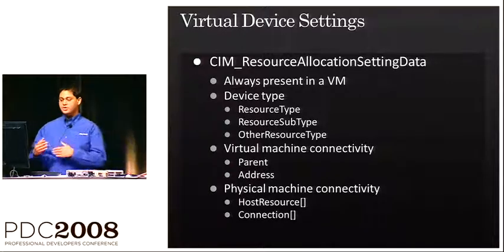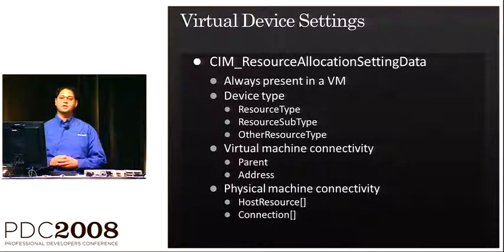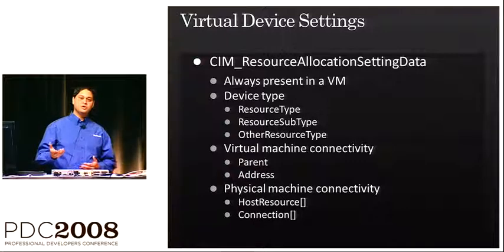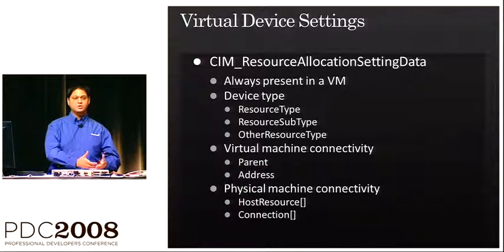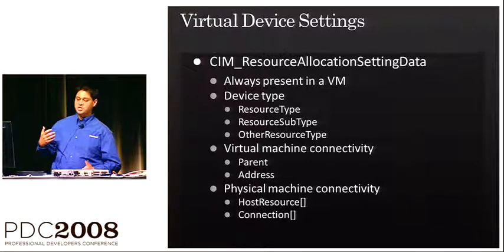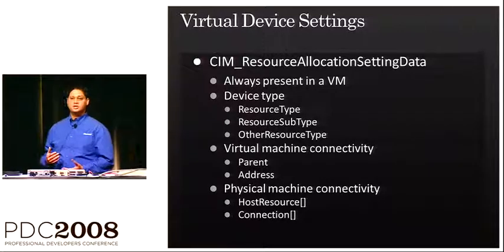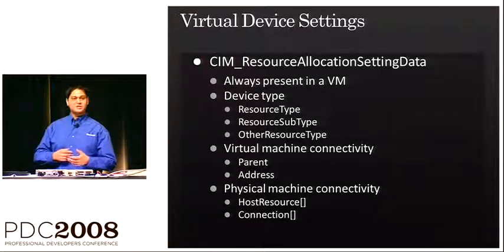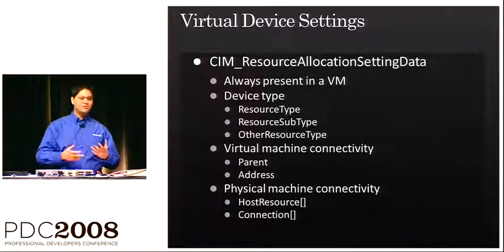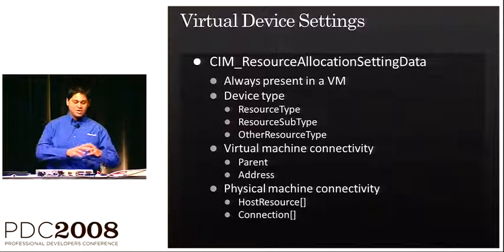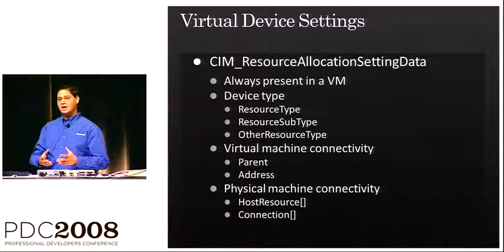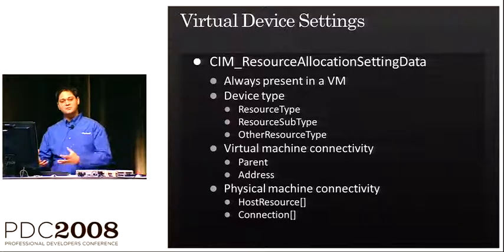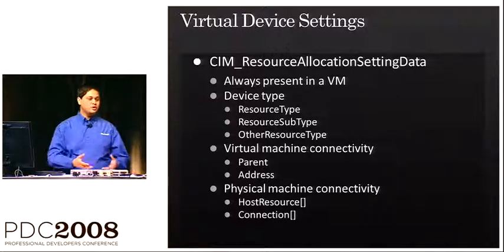The real differentiation is that the host resource is used for physical devices that you want to surface up into the virtual machine, whereas connection is used more to connect to things like a file or maybe a VLAN ID or something along those lines, which, yes, happens to be something on the physical machine that I'm connecting down to, but it's not really a physical device there. It's just one of its various resources.